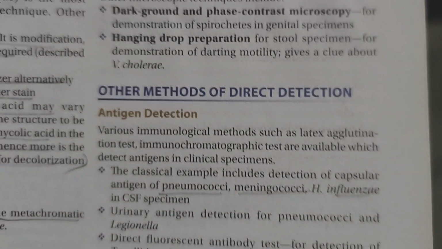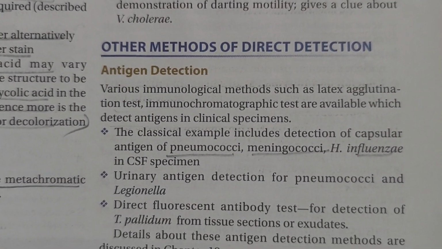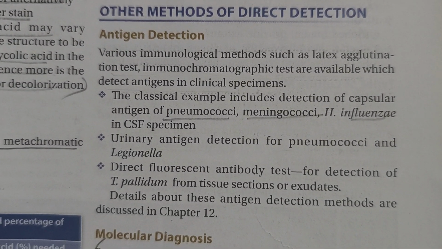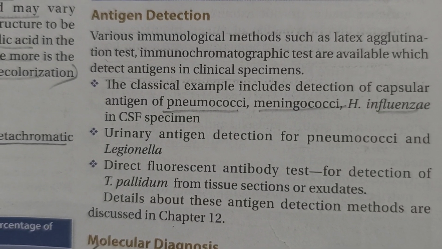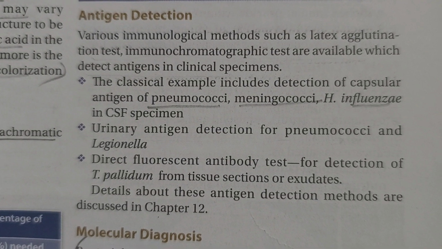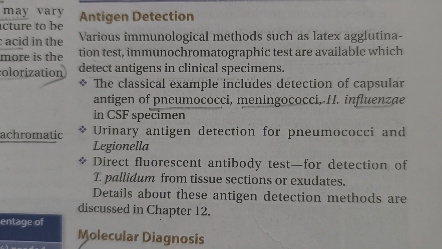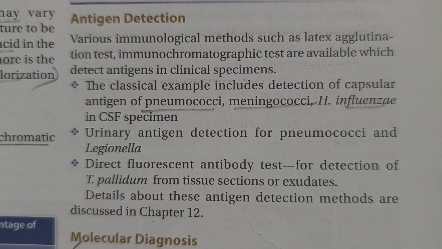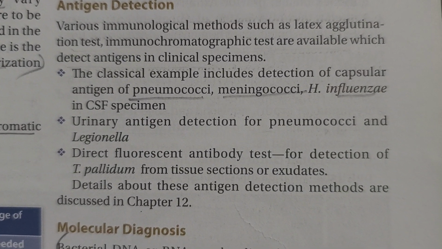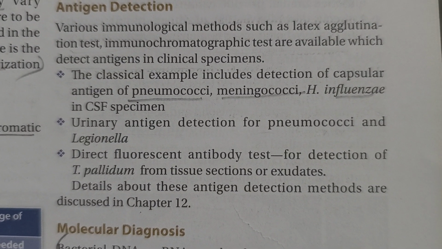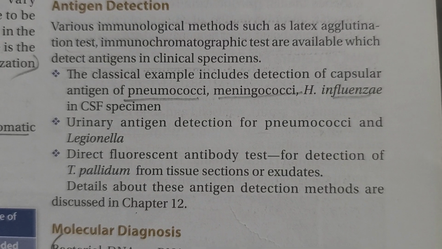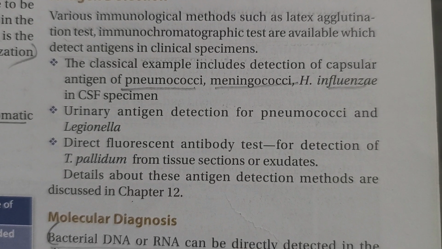Now let's see other methods of direct detection. Antigen detection: various immunological methods such as latex agglutination test and immunochromatographic test are available which detect antigen in clinical specimens.